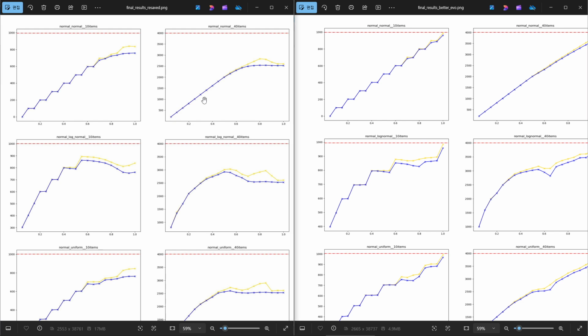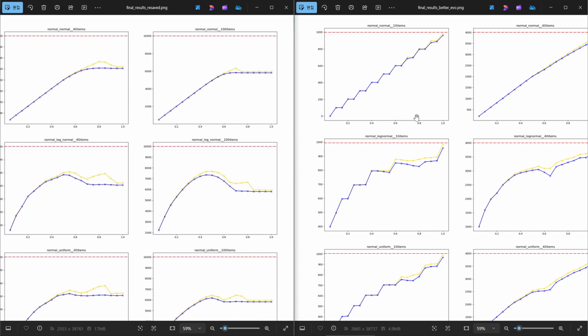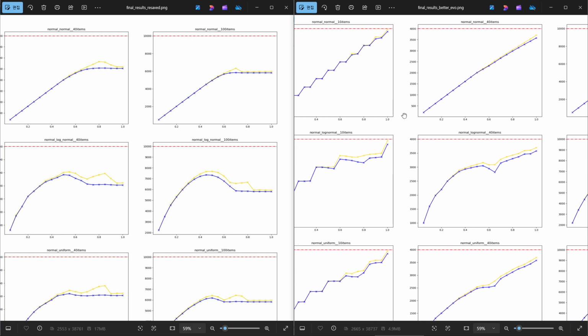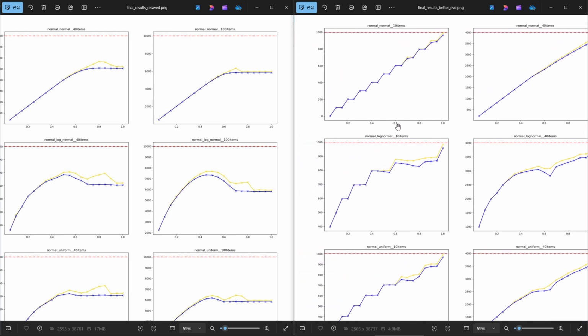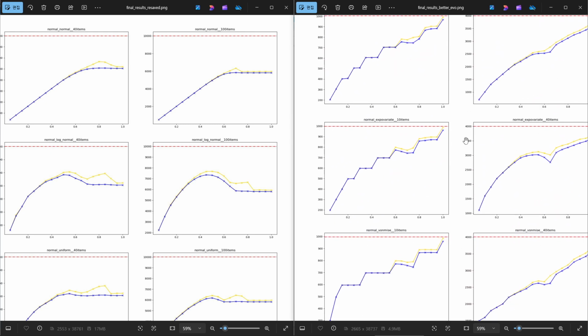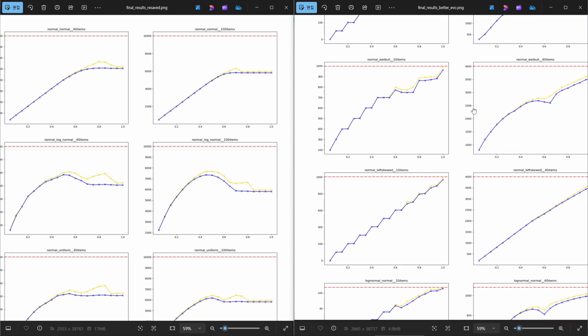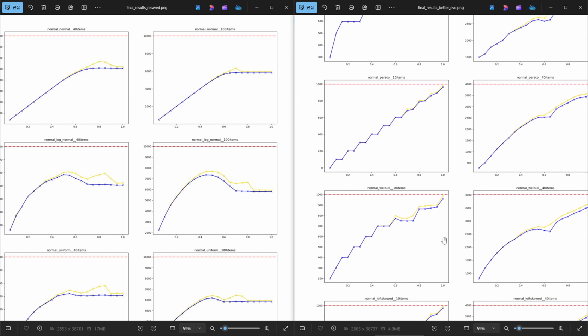So we've seen this when both the utility values and the constraint values were sampled from normal distribution separately. I also covered this in one of my previous videos when I only did the 8 different distribution types: normal, log normal, uniform, exponential, von Mises, Pareto, variable, and left skewed.